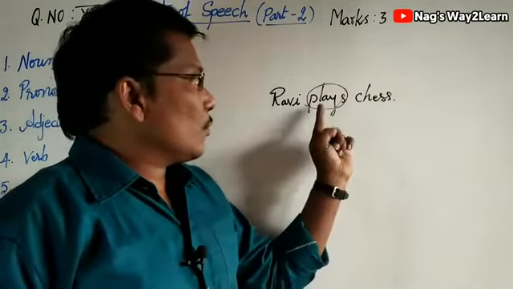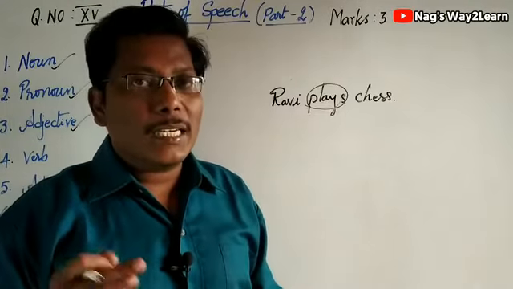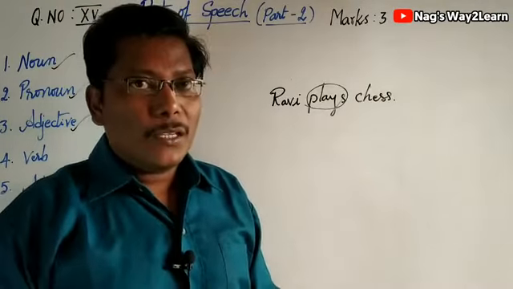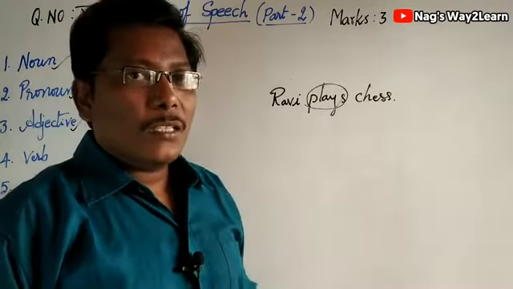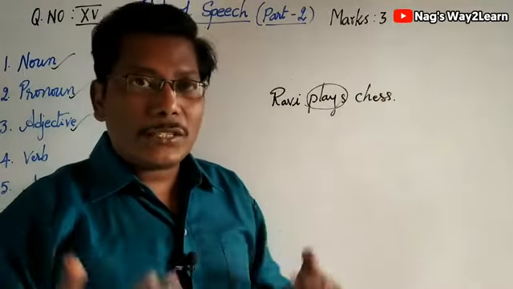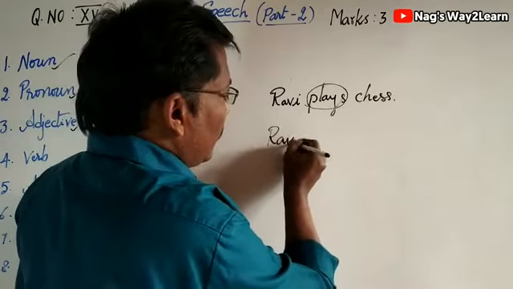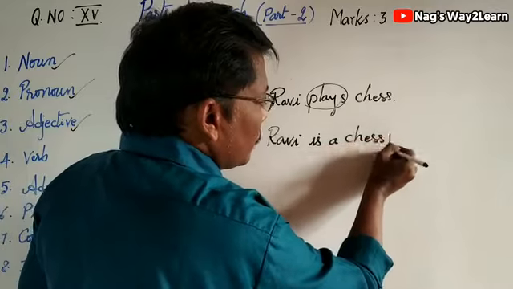So in this way, words like play, come, take, eat, drink, speak, read, write, these are all verbs. These words indicate some action. And sometimes the verb indicates existence also. For example, look at this sentence: Ravi is a chess player.